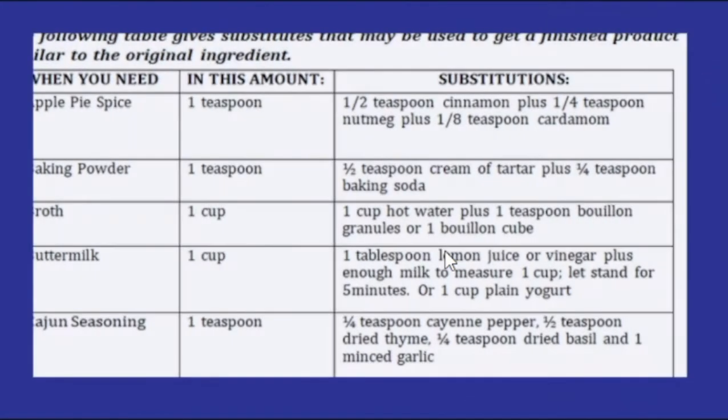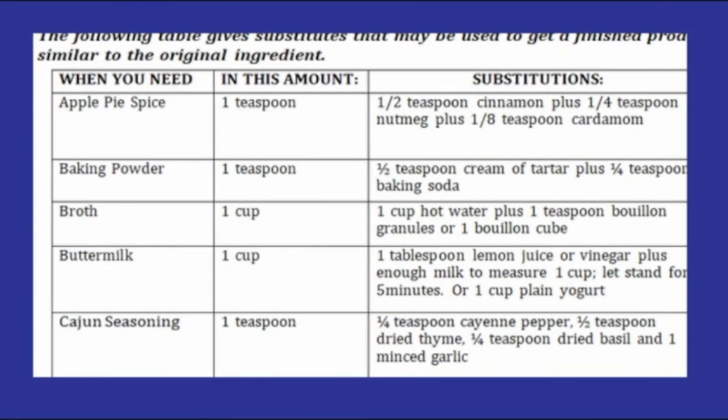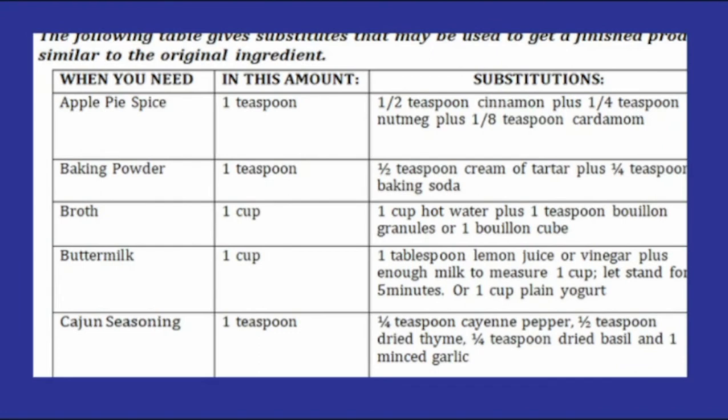Now here is a table wherein you will be able to see the ingredients that you need. When you need apple spice, for example, 1 teaspoon of apple spice, and you don't have it, what you can do is substitute it by mixing these ingredients: 1/2 teaspoon of cinnamon plus 1/4 teaspoon of nutmeg plus 1/8 teaspoon of cardamom.